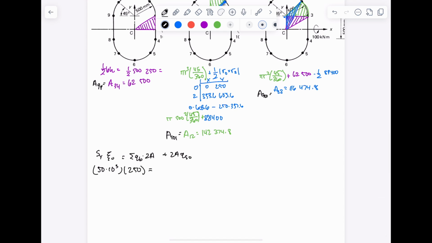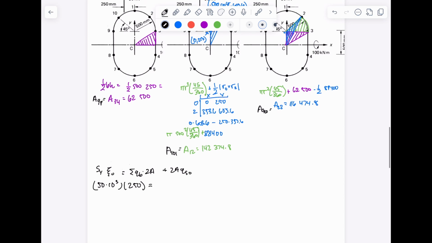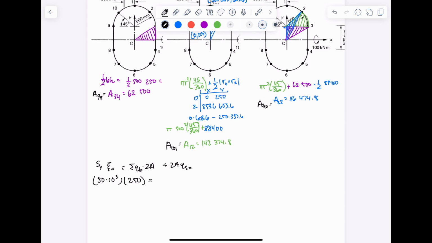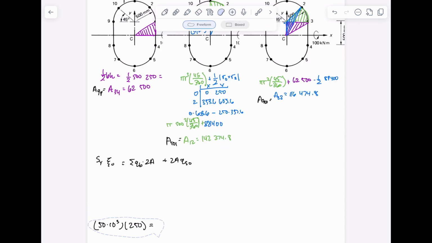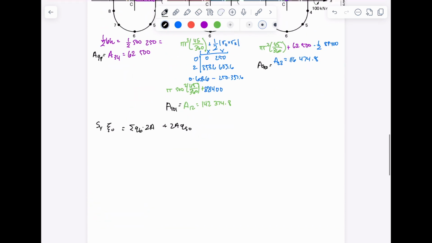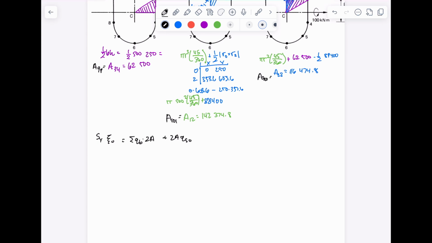Again, the sum of Q times 2 times the area, which is, hold on. Let's simplify the equation a little more. All right, so we can factor out a 2 since this is a sum. This is Q 3,4 times 2 times area plus Q 2 to 3 times 2 times area plus so on, so on. We can factor out a 2.